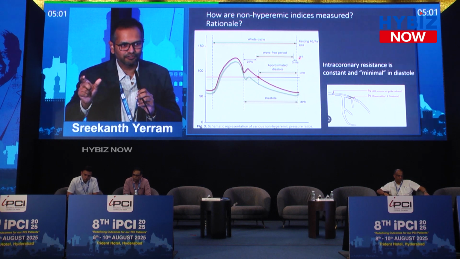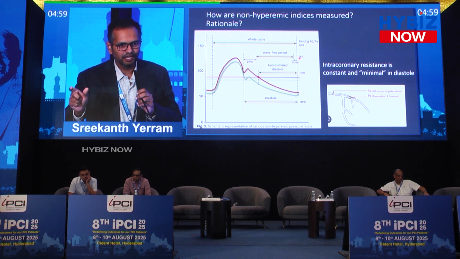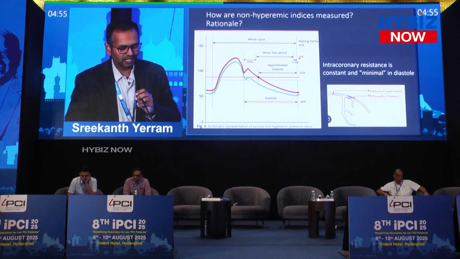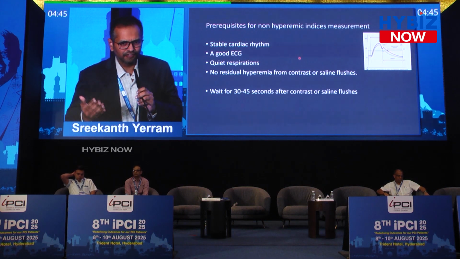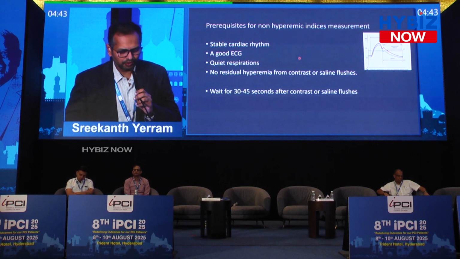That gives us a window to measure Pd/Pa which is reliable and reproducible. So that's how they came up with these measures, where you don't need hyperemia to get a reliable, reproducible Pd by Pa.